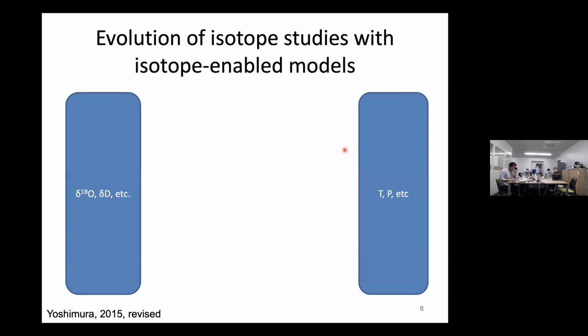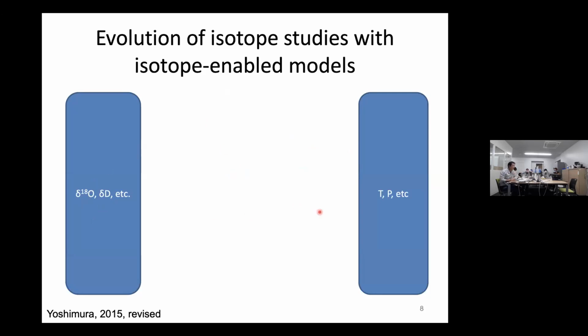Knowing this, how can we use these models: isotope GCMs, isotope RCMs, or isotope ESMs? It can be summarized in this schematic. On the left-hand side, we have delta 18, which can be measured.